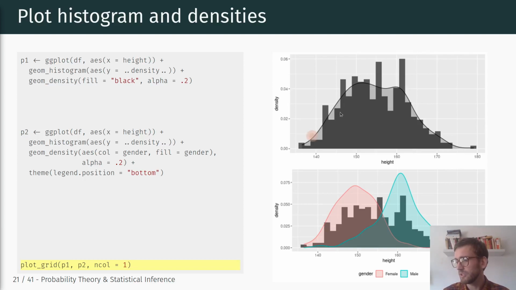When we just look at the distribution of height itself, we see that it doesn't really follow a normal distribution. There are two peaks here. And the argument is that we have to keep in mind that men and women tend to have different heights. Men, on average, are taller than women, of course.